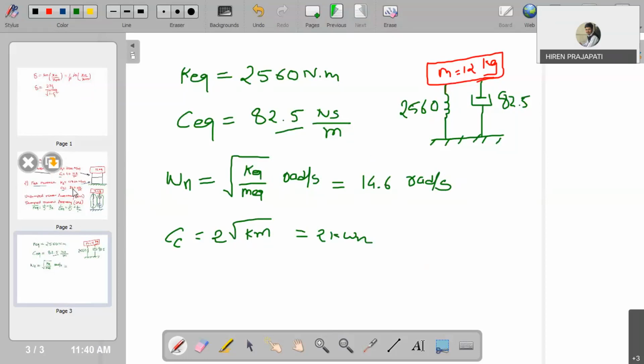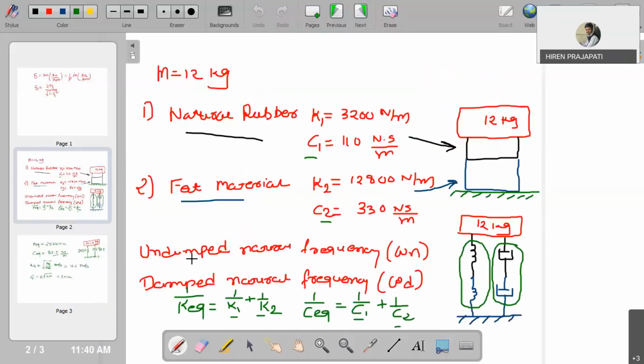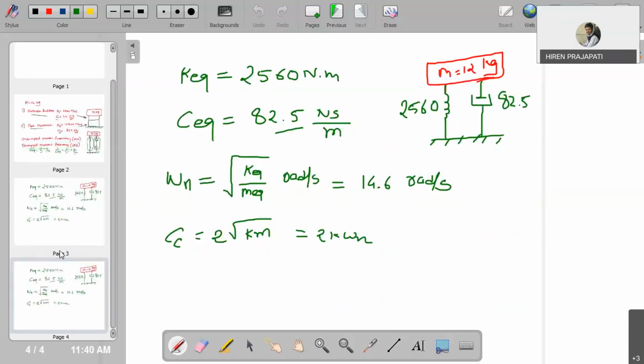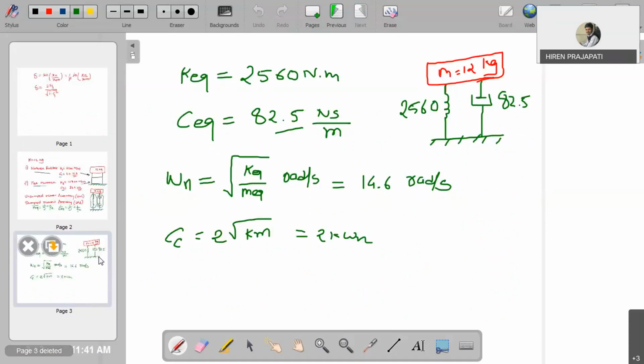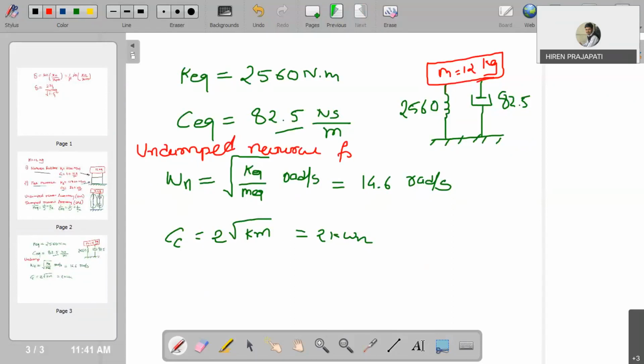So this is our first answer, the undamped natural frequency.